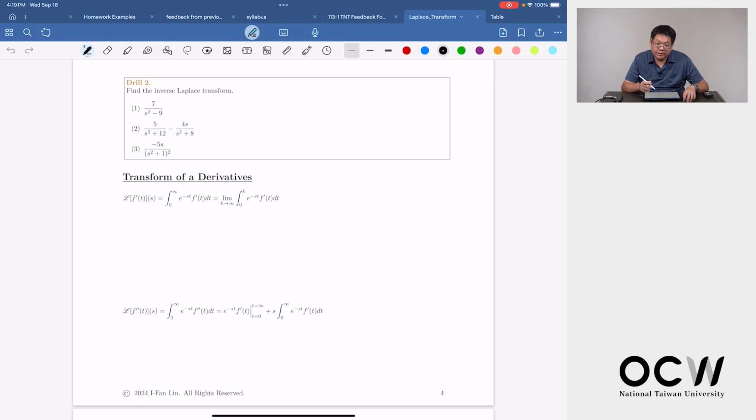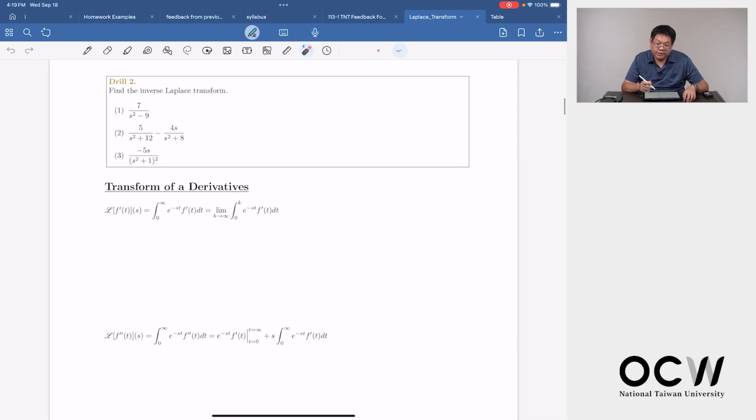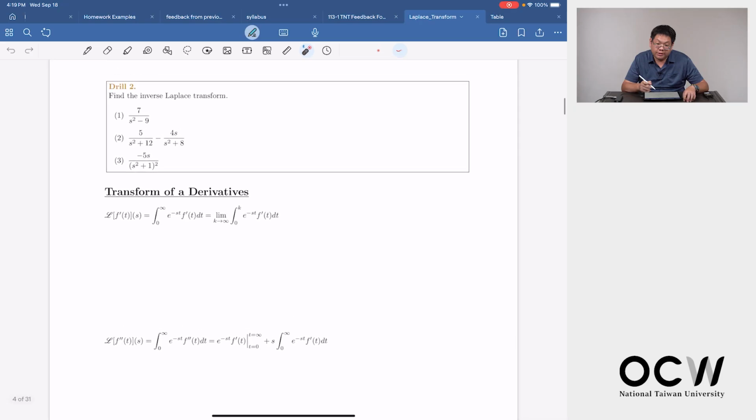Next, we're going to talk about the transform of derivatives, because we know that we want to find the solution of the differential equation. So we may have y prime or y double prime. And since we use a Laplace transform, then we really want to know what is the Laplace transform of the first derivative and also the second derivative.